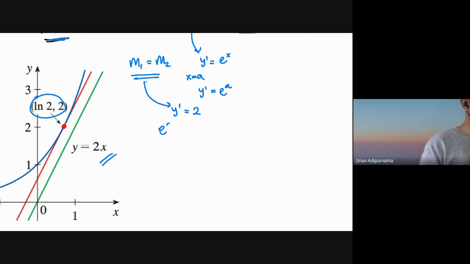We can solve this, and this will be our equation now. So we can get a is actually ln2.